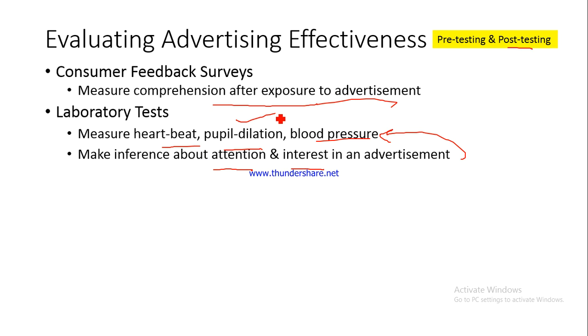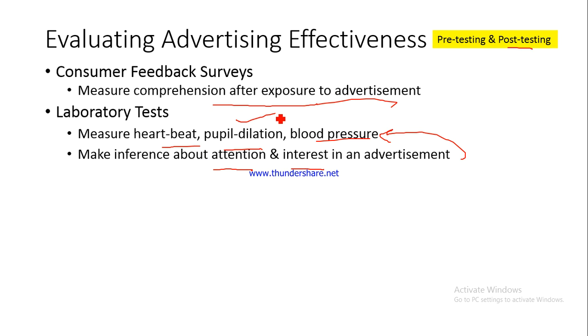And therein I'll try to understand whether his pupil dilation level, heartbeat, or blood pressure has increased when he's exposed to my ad, compared to his exposure to other ads. So I would not only be showing my ads, I would be showing him a bunch of ads, maybe 10-12 ads, just to make this exercise more error free.